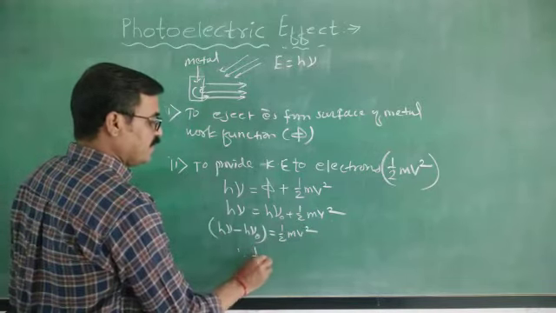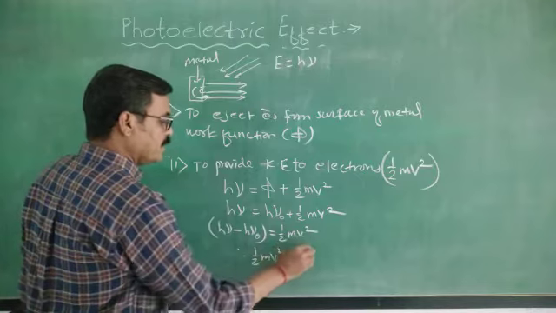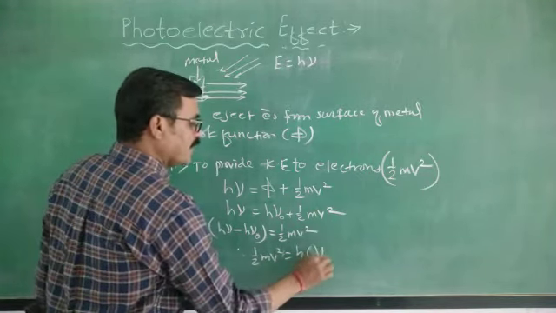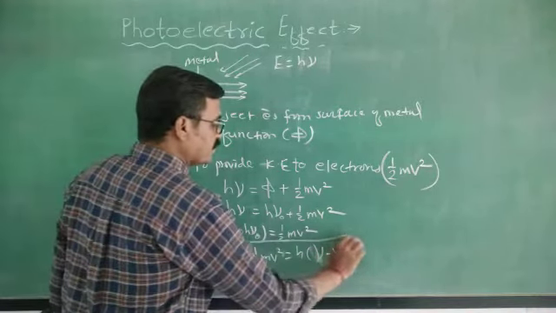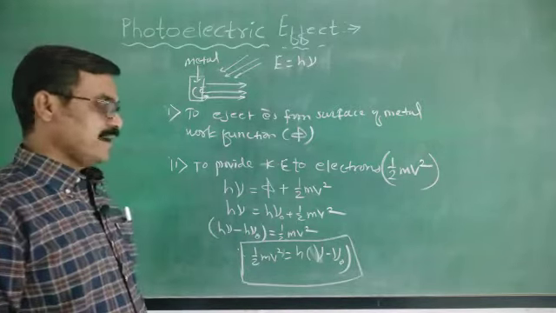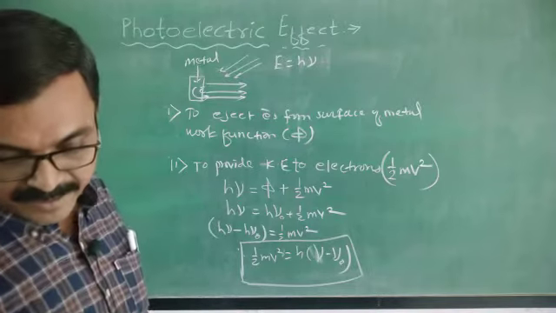Hence half mv square is equals to h common into nu minus nu 0, where nu is nothing but the frequency of incident radiation and nu 0 is the threshold frequency.